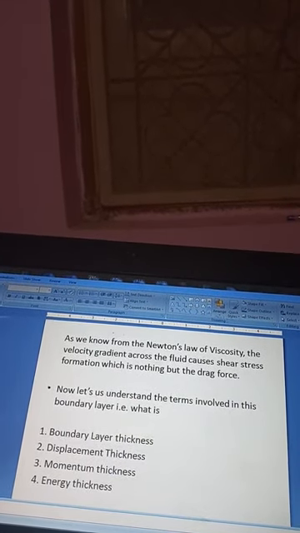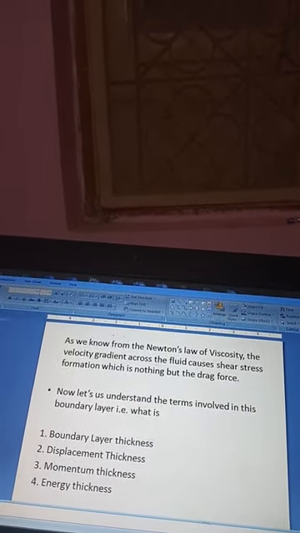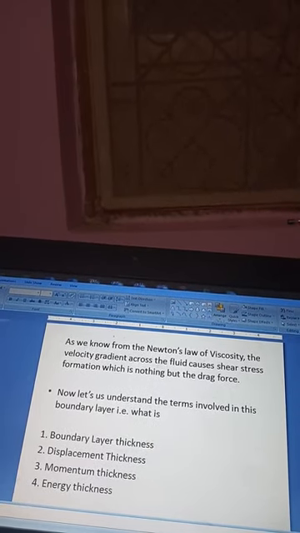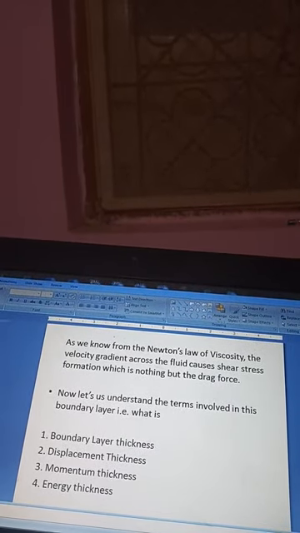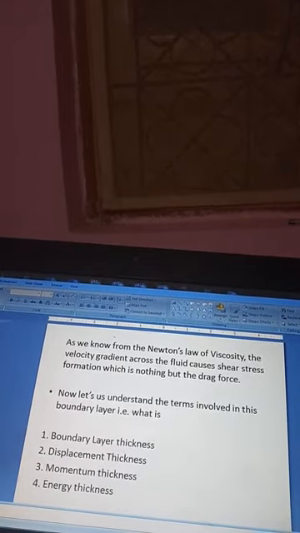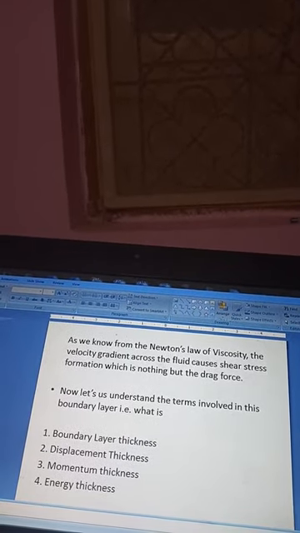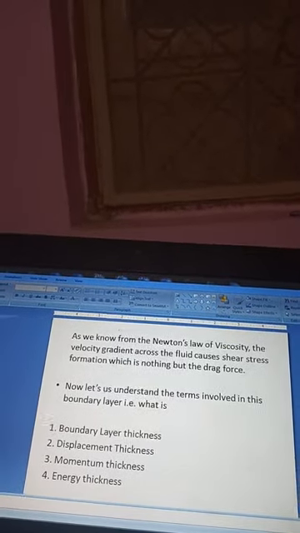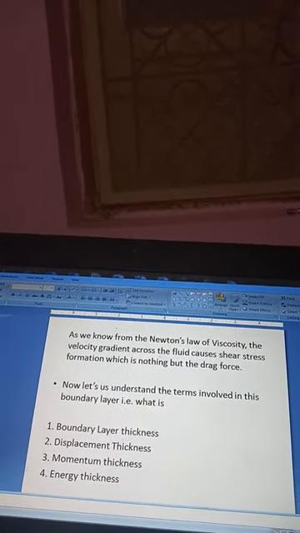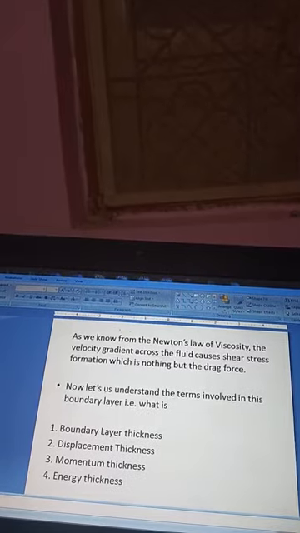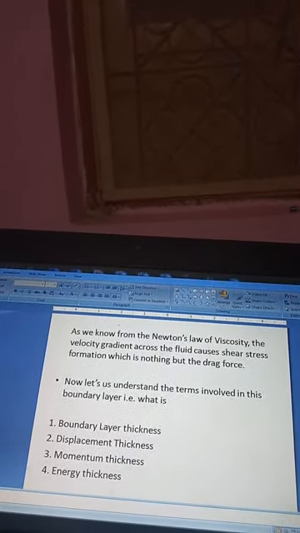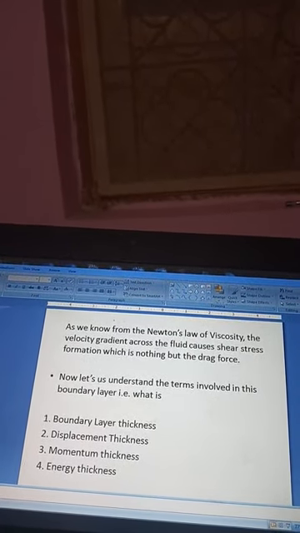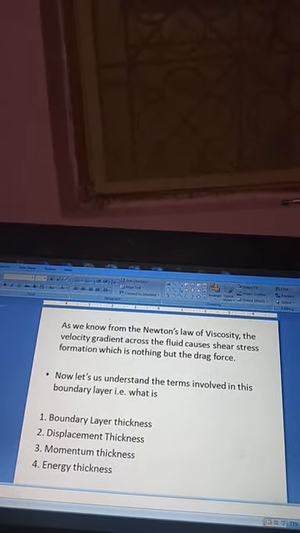We can't avoid the boundary layer formation; it will be there. We can only have some methods to deal with that. So, as we have studied, this boundary layer is formed between the zero velocity and maximum velocity in the previous figure.